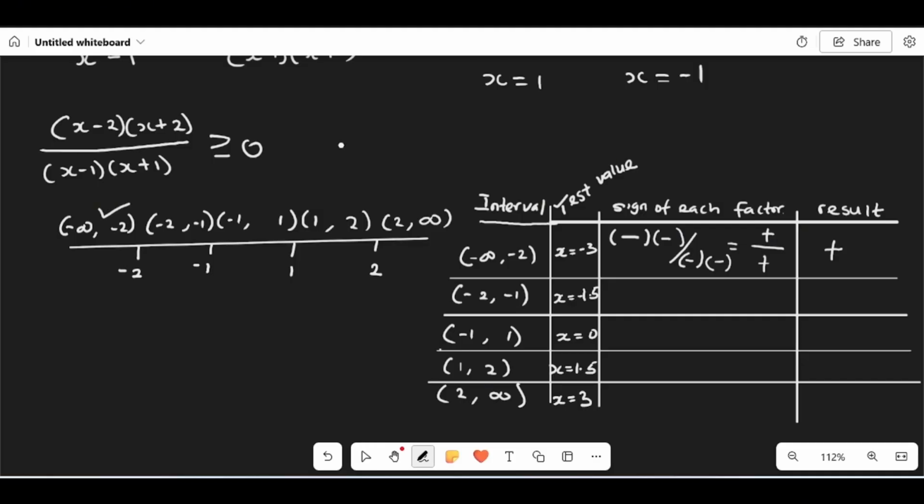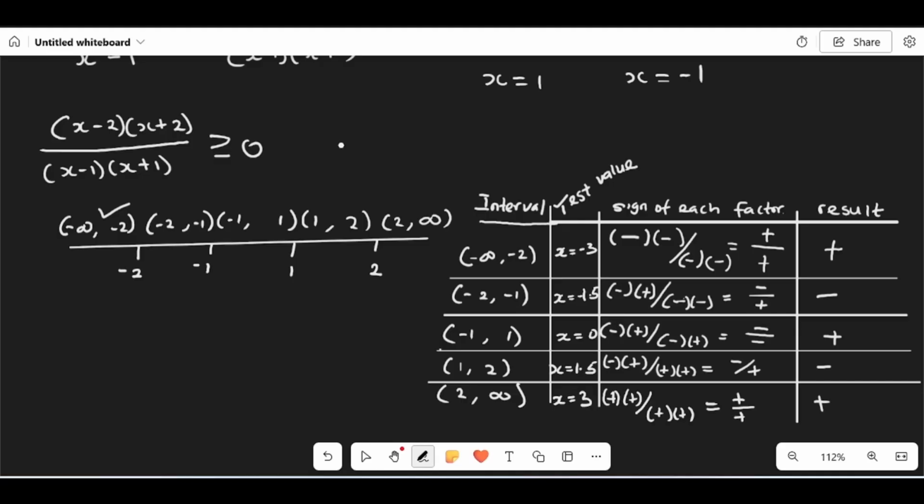Let us repeat the same procedure for the remaining ones. Now our complete table is this, and whenever we have positive as our result, that interval is inclusive. For example, this one is inclusive, this one is inclusive, and this one is inclusive, and this one is not inclusive, this one is not inclusive.